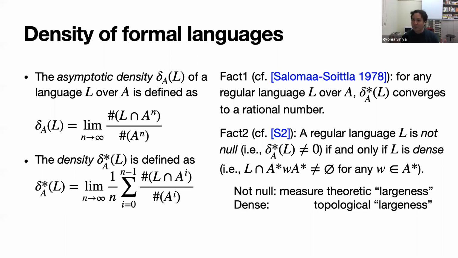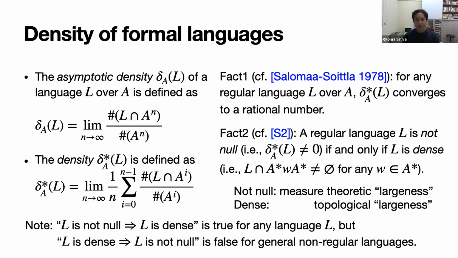So basically, not null represents some largeness, some measure-theoretic largeness, and dense represents some topological largeness. And this fact says that these two different definitions of largeness coincide in the regular case.